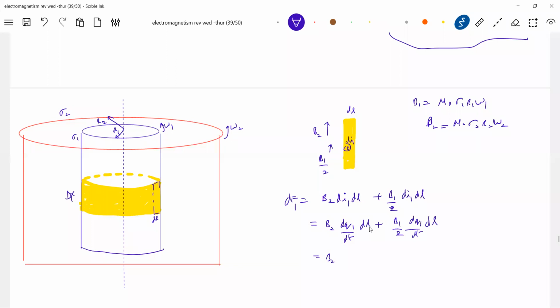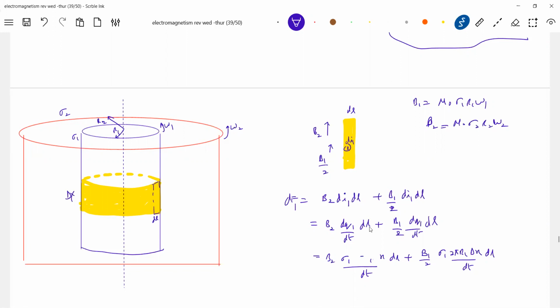Now dq1 should be sigma 1 into the area of this strip: 2 pi r1 into delta x, by dt. So this will be B1 by 2 sigma 1 2 pi r1 delta x by dt into dL.